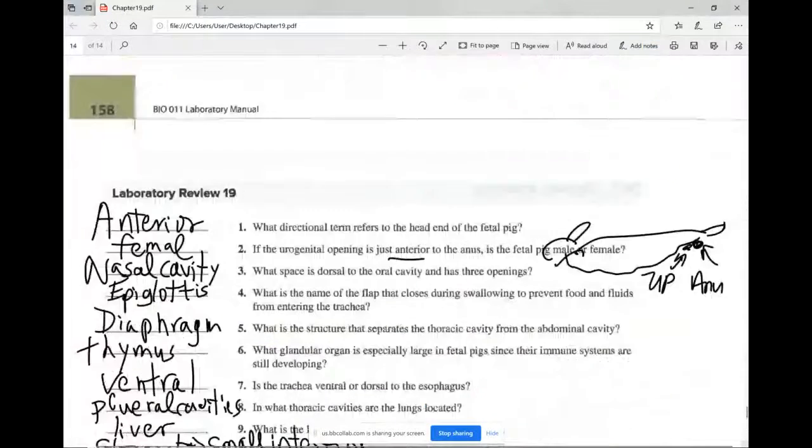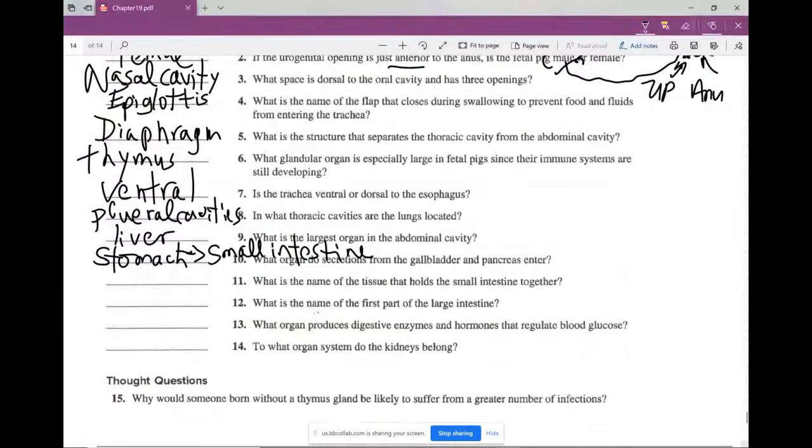All right. So let's not call it the stomach. Okay. So what organ do secretions from the gallbladder and pancreas enter? That would be the small intestine. Let's be specific about it. Duodenum.